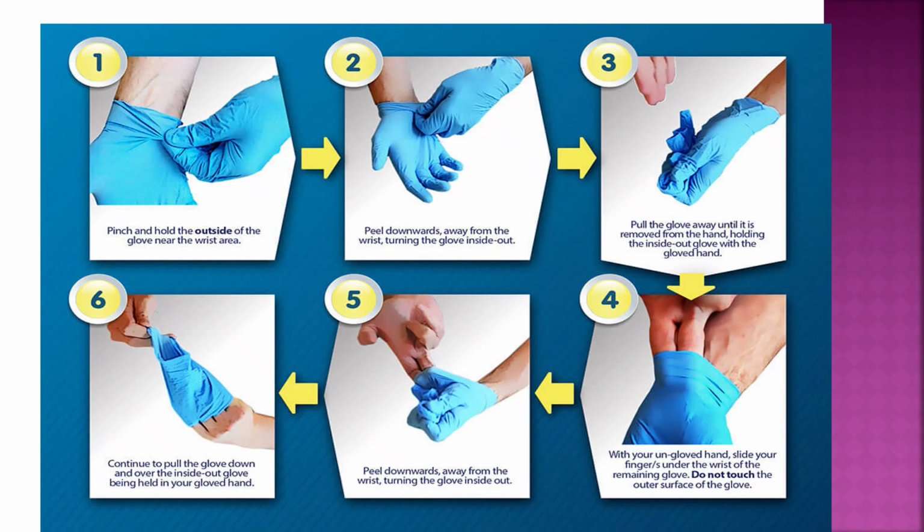Do not touch the outer surface of the glove because your other hand is ungloved. Then peel downwards away from the wrist, turning the glove inside out, and continue to pull the glove down and over the inside-out glove being held in your gloved hand.